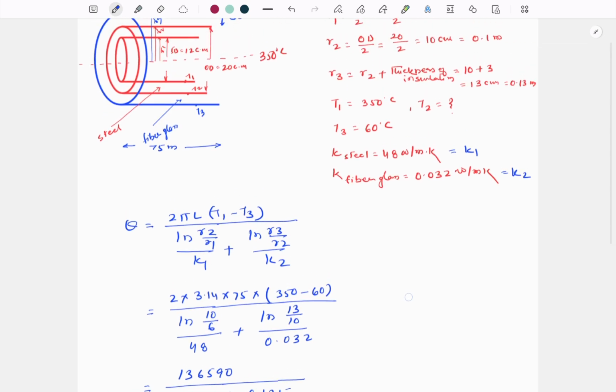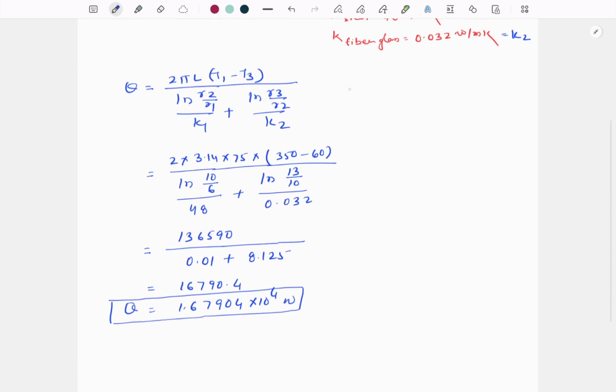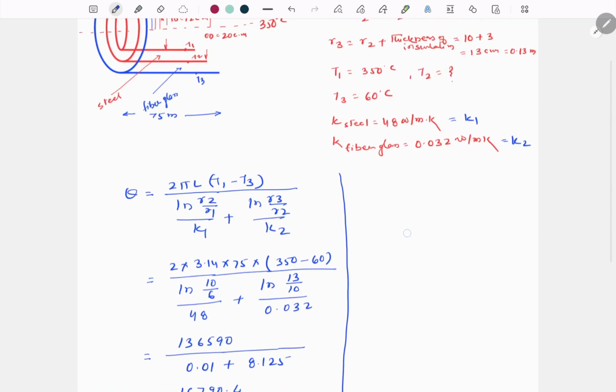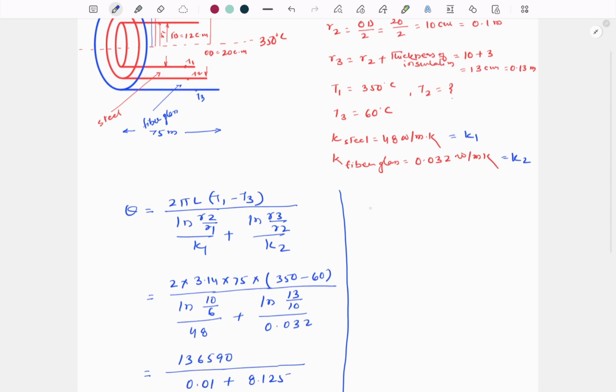We need to calculate the interface temperature, that is T2. To calculate the interface temperature, you need to write the equation for any one of the sections. Any means either you may write the equation for the steel or you may write the equation for fiberglass. So I am writing the equation for the steel section. So equation is Q is equal to 2 pi K1 L (T1 minus T2) by ln R2 by R1.